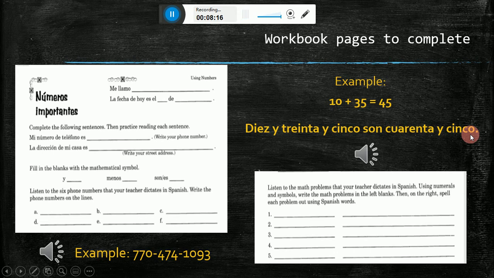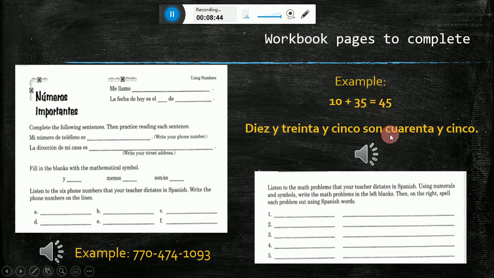So let's look at this one to make sure we have the E for addition and the E for the numbers clear. Okay, so here we have 10, which means 10. E, which in this case is the plus sign. 35, which is 30 and 5. Okay, so 35. And then son for equal.